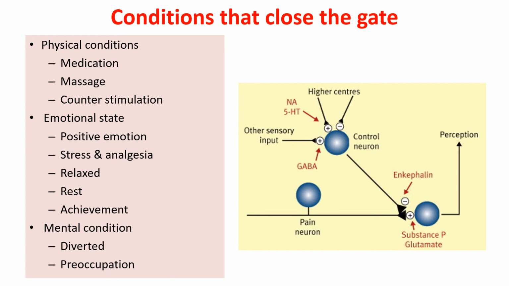The second is massage. Massage will excite the large diameter touch-sensitive fibers carried by A beta. They would be activated, and they would activate the substantia gelatinosa cells to inhibit the target neuron, which is reaching in the spinothalamic tract.